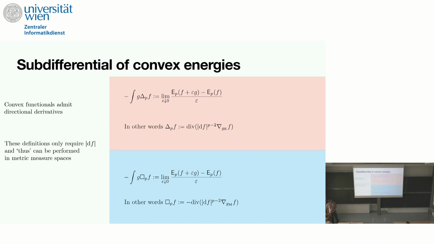For the record, I make a statement: I could pick this and the above as the definition of what the p-Laplacian and the p-D'Alembert are. If I do so, the only thing I need to define the p-Laplacian and p-D'Alembert is this thing, the modulus of f, not even the differential, just the modulus.